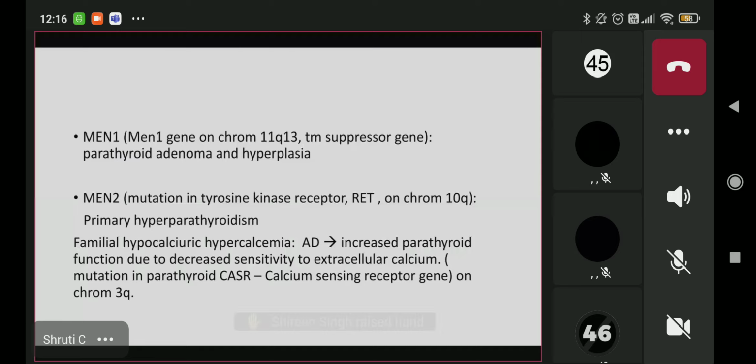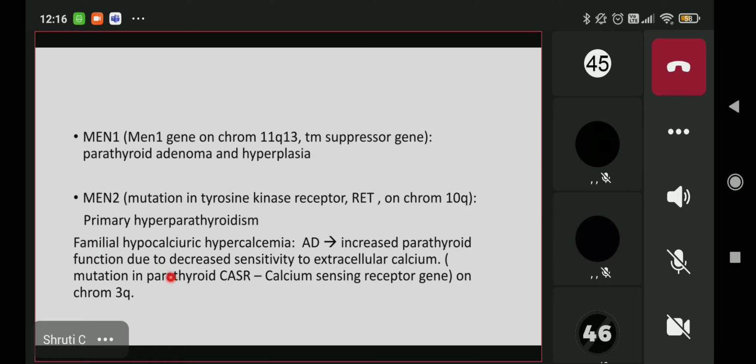But if, due to some reason, there is decreased sensitivity to that extracellular or bloodstream calcium, and this is due to a defect in a gene known as CASR, that is the calcium sensing receptor gene, which is present on chromosome 3q.